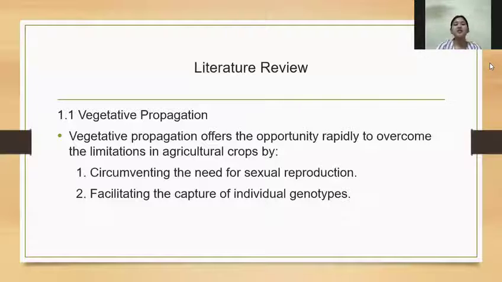These limitations mentioned are, for example, the long generation time of plant, irregularity for fruiting and flowering, and also high incidence of outbreeding. So these limitations can be overcome by circumventing the need for sexual reproduction and also facilitating the capture of individual genotype.